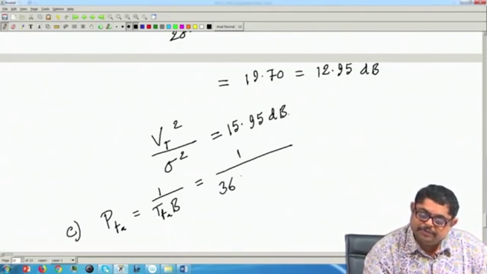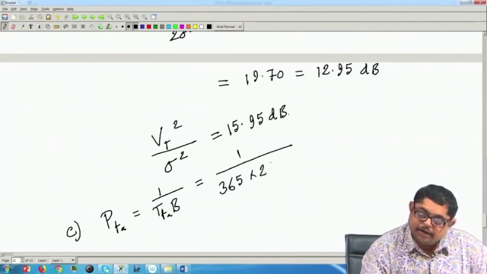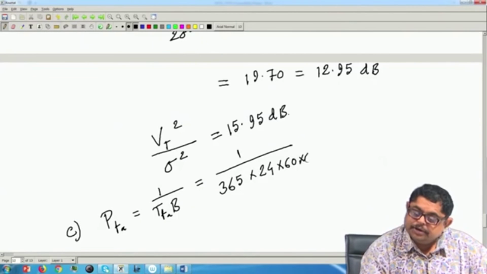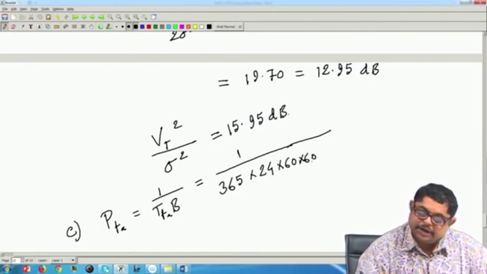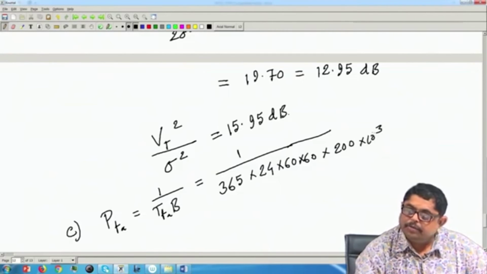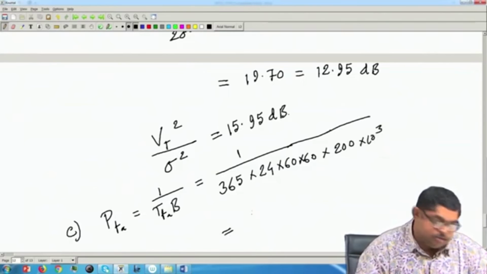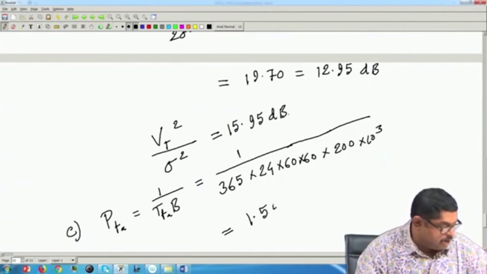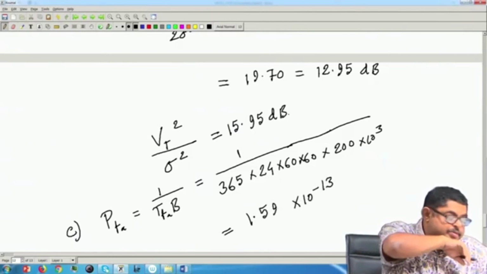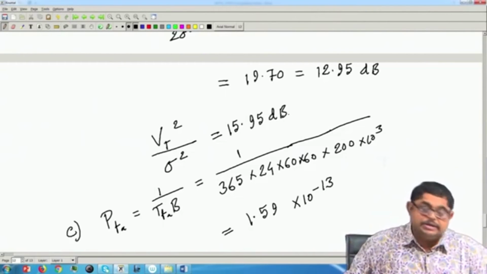So, 365 days into 24 hours into 60 into 60 seconds, into B again 200 into 10 to the power 3. If we do that, you will get 1.59 into 10 to the power minus 13. In the previous case, it was 10 to the power minus 9.